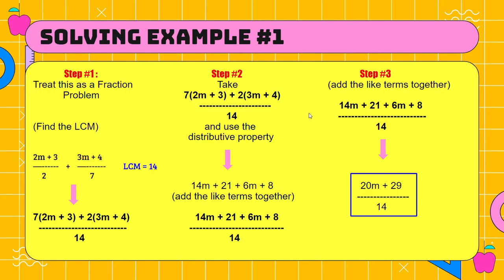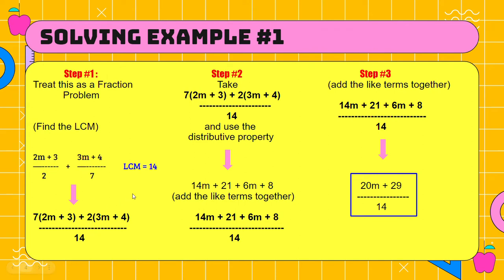Okay, so the first question, you need to treat this as a fraction problem. So first, here's the question. You need to find the LCM of 2 and 7, which is 14. And then you divide 14 by 2 to get 7, and 14 by 7 to get 2.